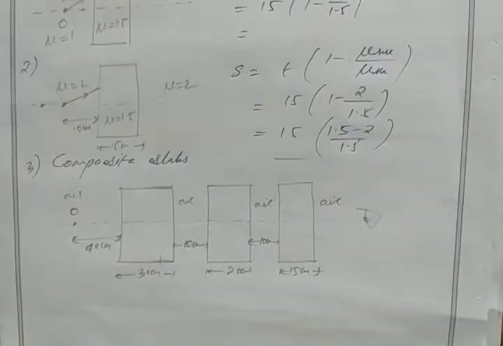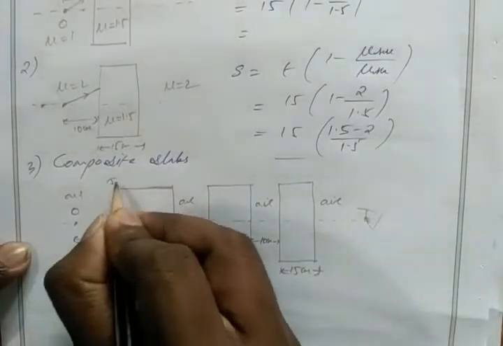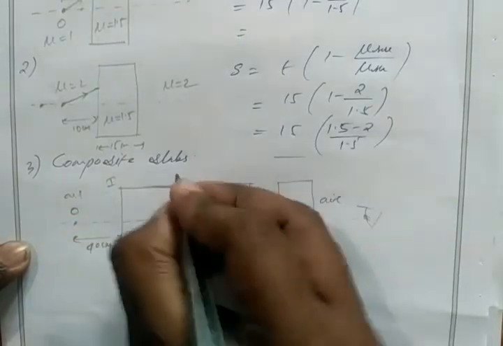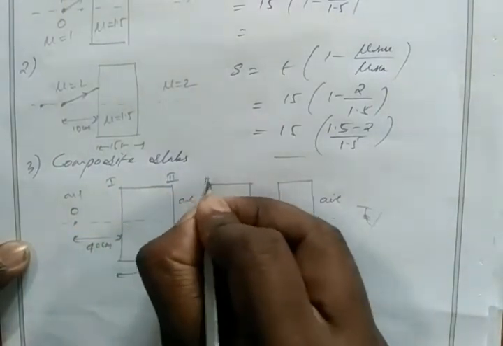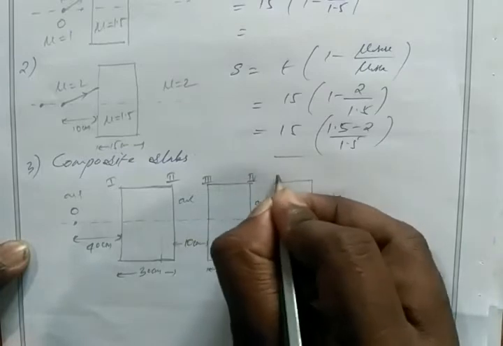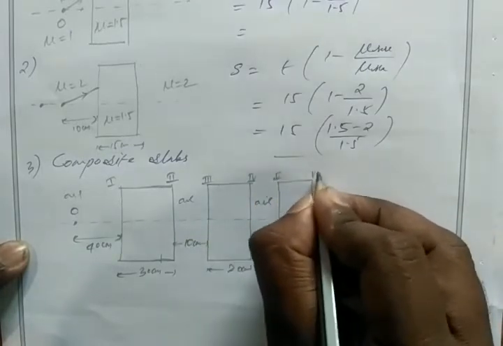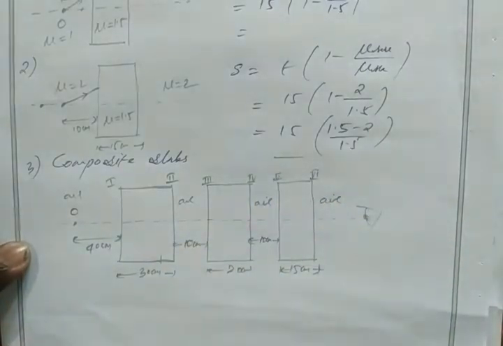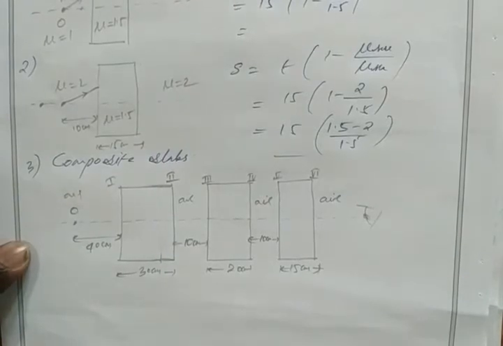In this problem, we have 3 slabs, composite slabs. So we have the first interface between air and glass, second interface, third interface, fourth interface, fifth interface, and sixth interface. But we will solve it in a very simple method.